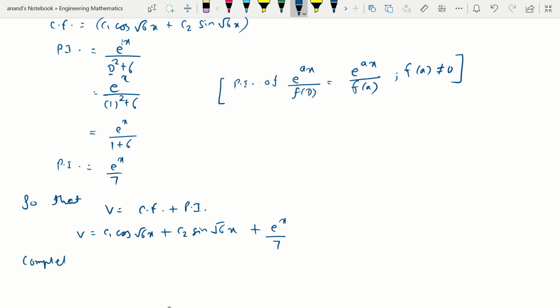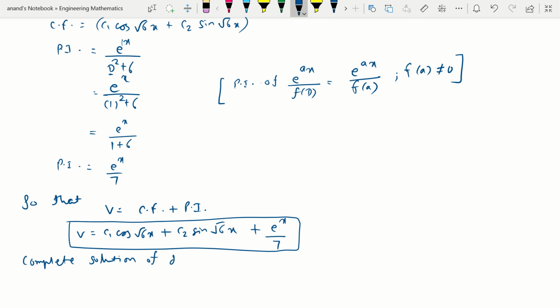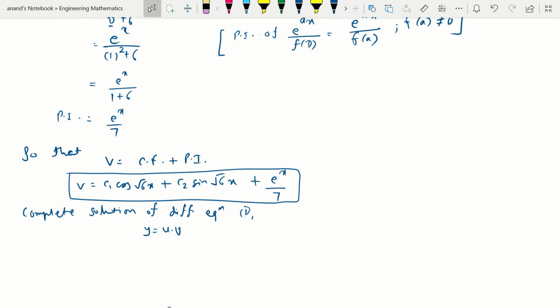So this is the value of v, and hence the complete solution of differential equation first is given by y equals u into v, where we had the value of u as sec x and we have the value of v as c1 cos root 6x plus c2 sin root 6x plus e to the power x by 7.